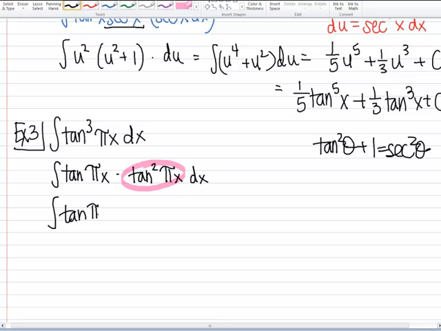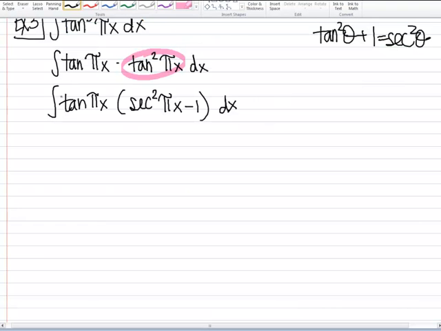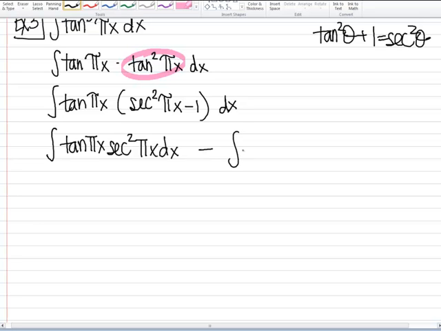You do have to be careful here though, because I have a pi x, so that makes this secant squared pi x minus 1 dx. Now we're going to separate this into the integral of tangent pi x times secant squared pi x dx minus the integral of tangent pi x dx. We'll write it out as two separate ones.